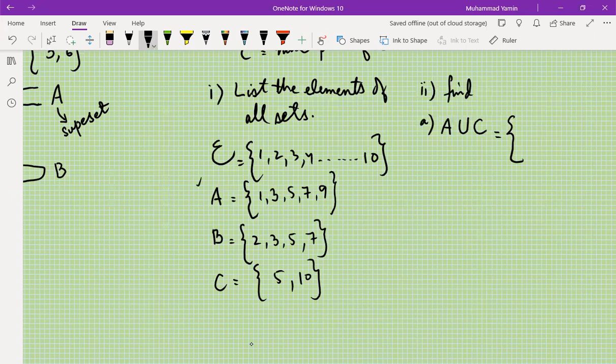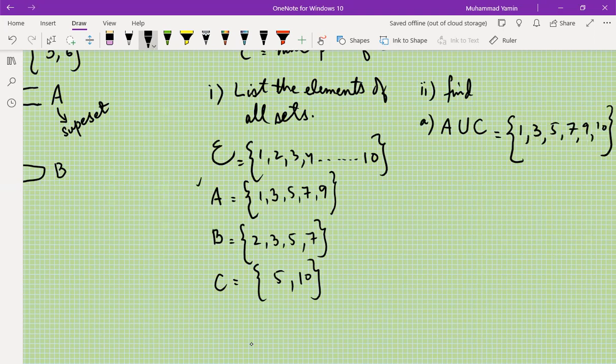It is better to write them in the sequence, otherwise it's not necessary. Just keep this in mind, that the values which are coming in both shall not be written more than once. Like I'm writing it down, just check. 1, 3, 5, 7, 9, and 10, and then the bracket close.